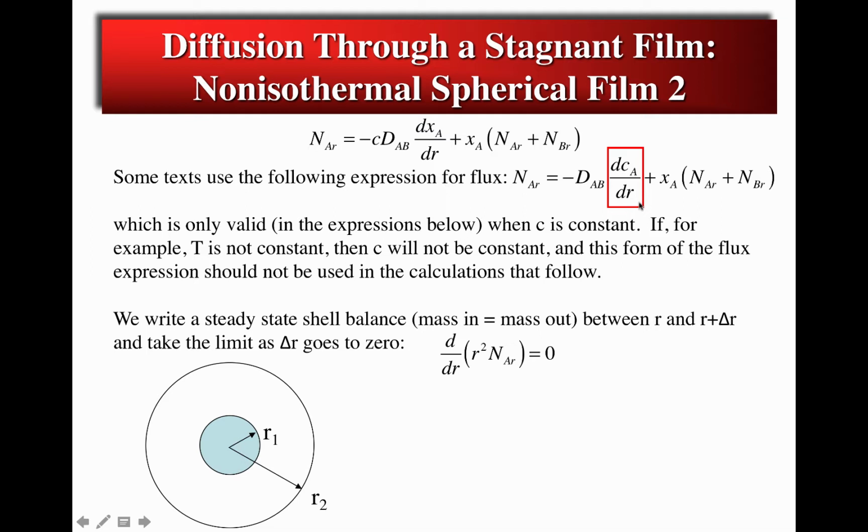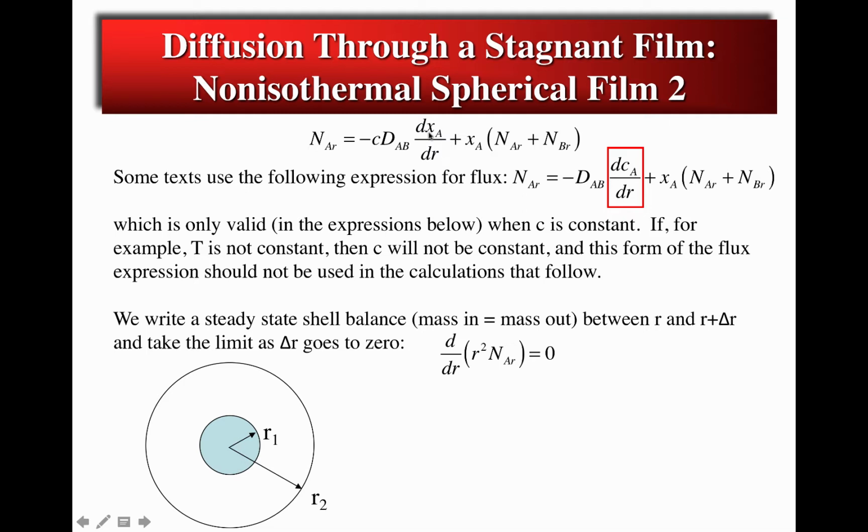This is often a very good approximation if the temperature is constant, because the total concentration is often not changing very much, and so you can bring it inside this derivative with absolutely no problems.